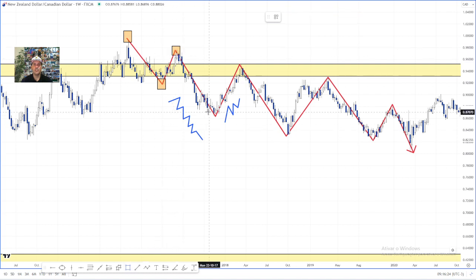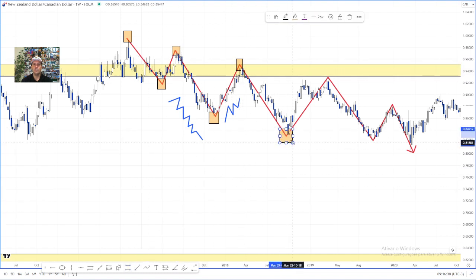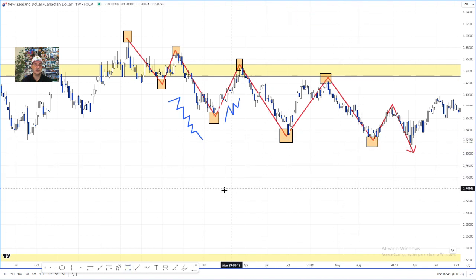I need to train myself spatially to see and understand when it's time to go long or buy and when it's time to go short or sell, to have a greater chance of success.